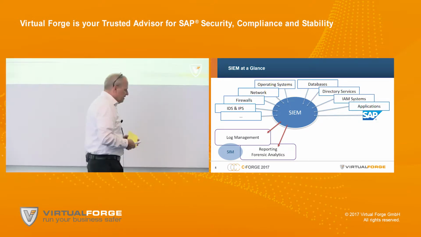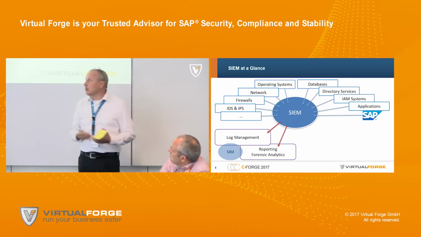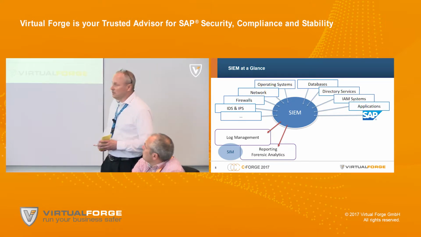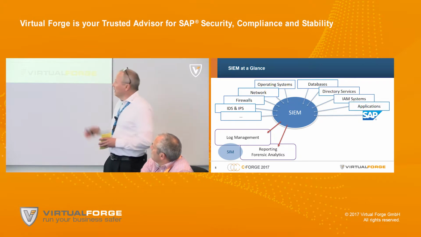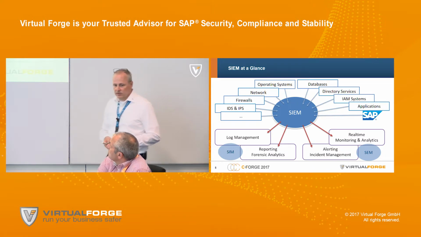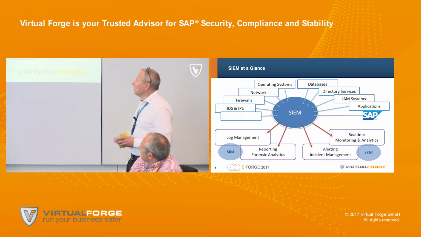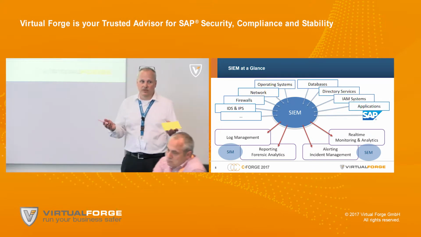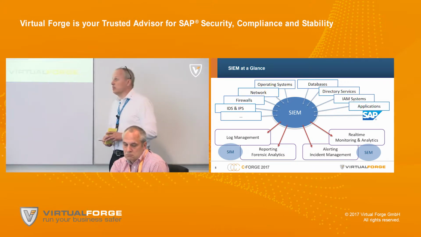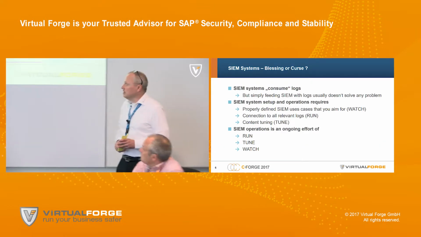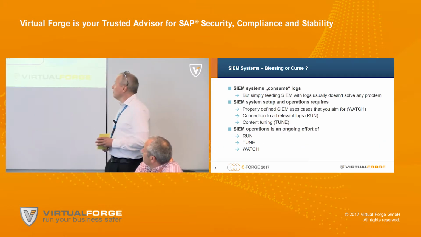And it provides reporting and analytical functionality, especially for forensic analytics. And on the other hand, the event management component provides real-time monitoring functionality. That's what I already mentioned before. And of course, alerting functionality and incident management functions.